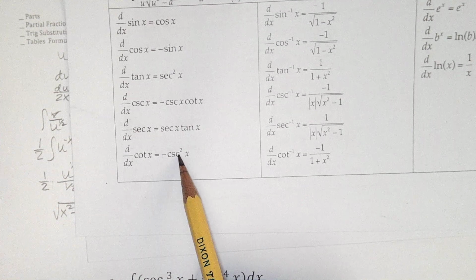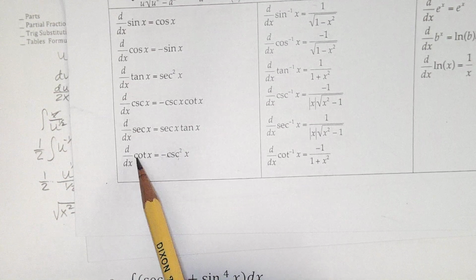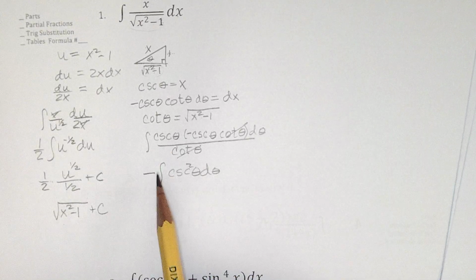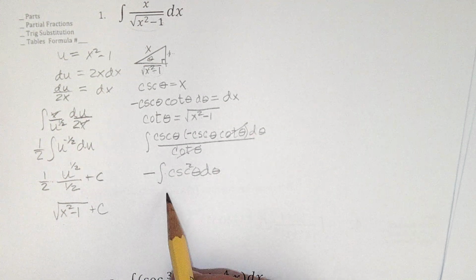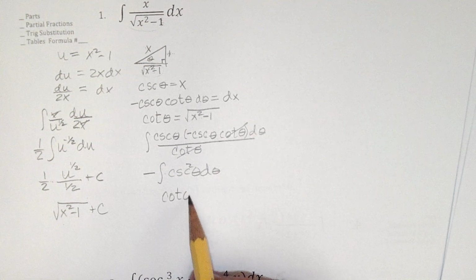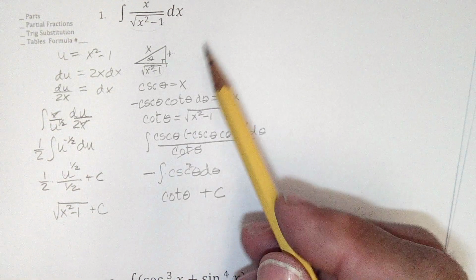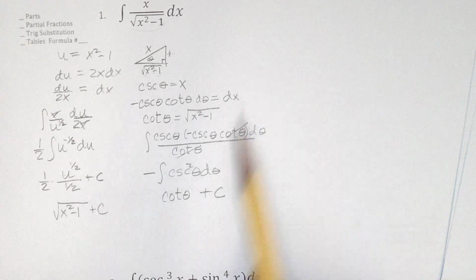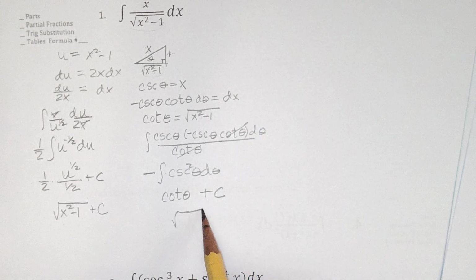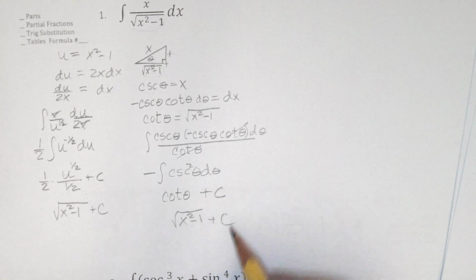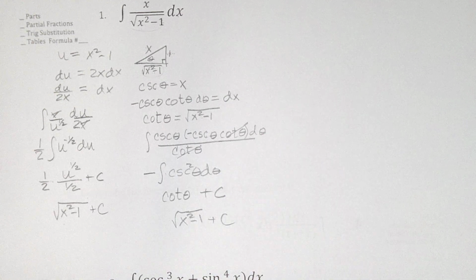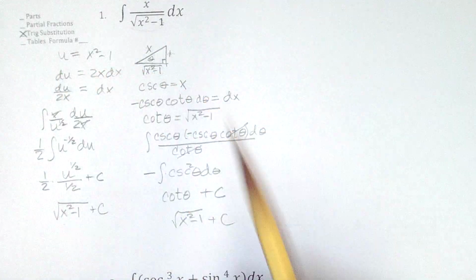So with the negative on this, it's negative cotangent theta. And cotangent is square root of x squared minus 1. So this is worked with trig sub.